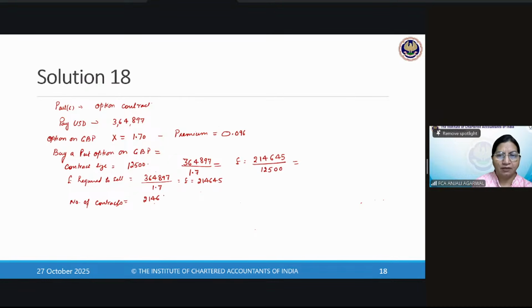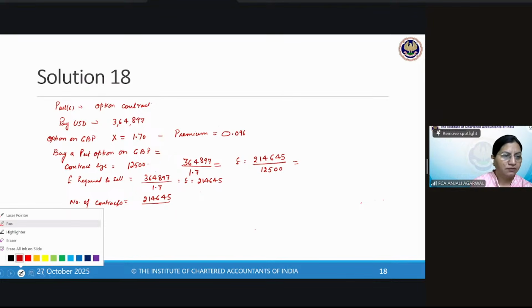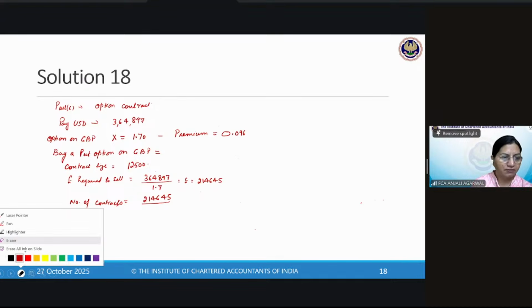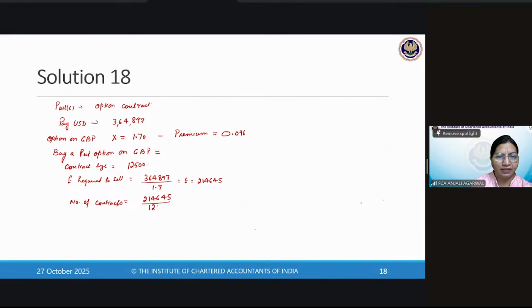Now, I am not very keen or particular about ensuring that this rounding off is perfect or clear. So simply you can round off to the next higher number, or you can leave the decimal fraction totally, because the main fraction that will be applicable to us is once we divide the number of pounds with the contract size. So this fraction has to be rounded off actually.